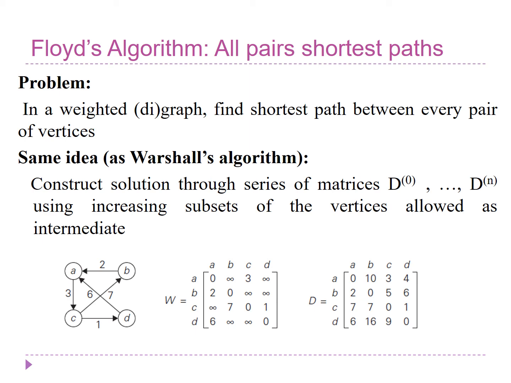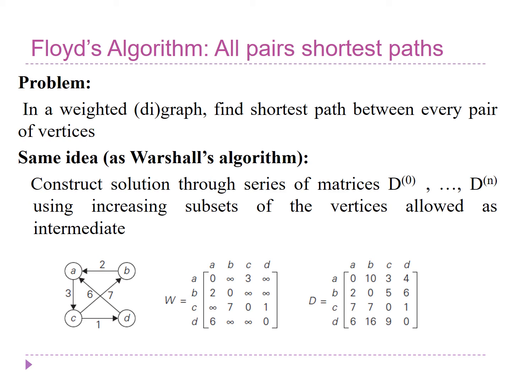The matrix D represents the existence of a path between the vertices, and the value at the corresponding location in matrix D represents the weight of the shortest path between the vertices.